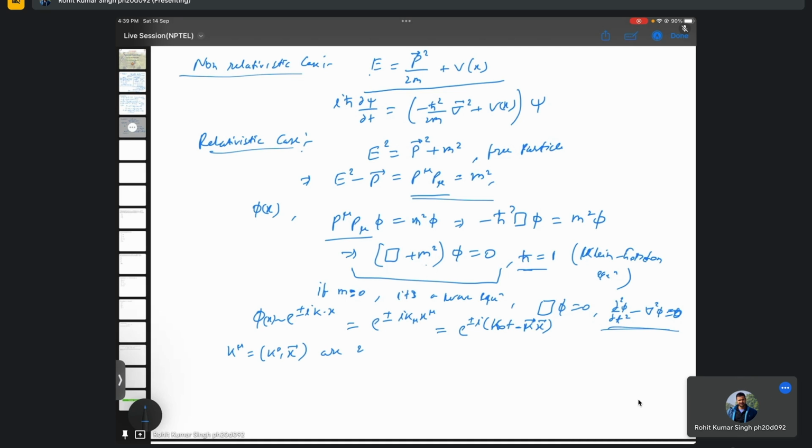So how do we know that? To check that, we can just apply the energy-momentum operator, the four-momentum operator, on these plane wave solutions.